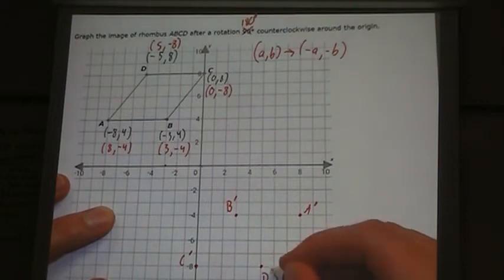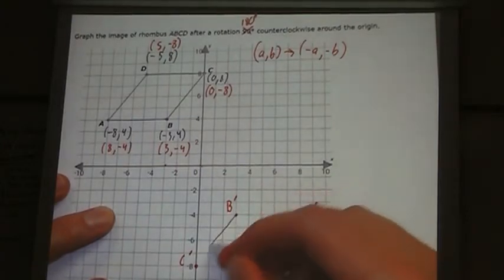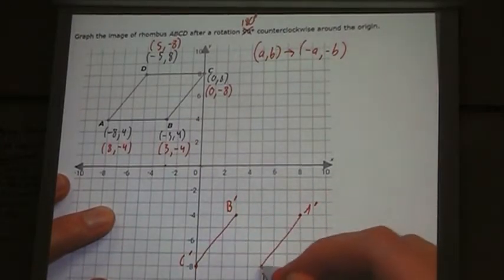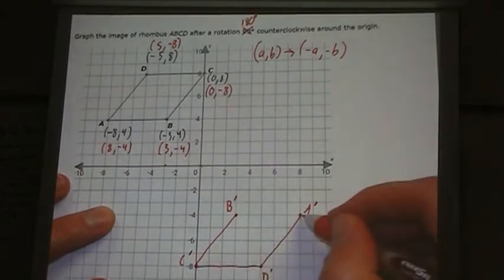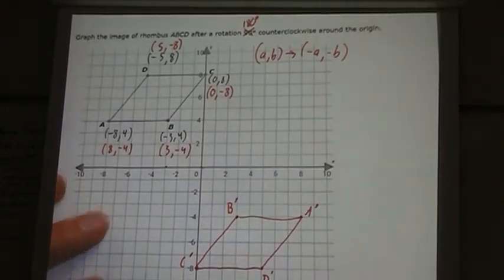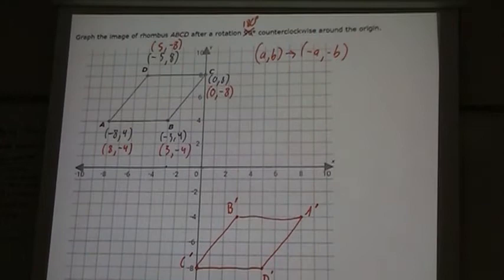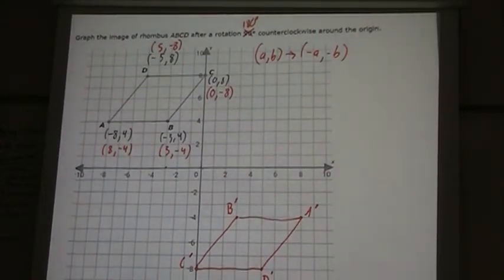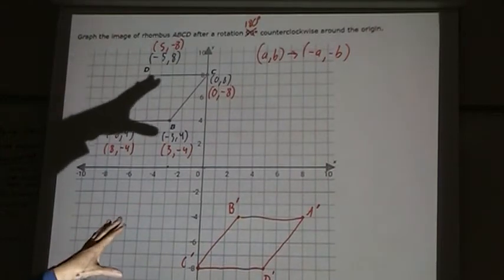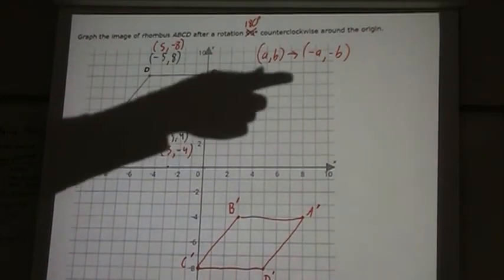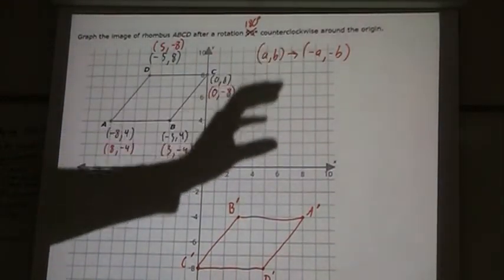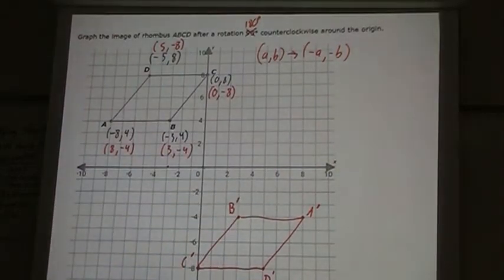There's D for dinosaur. Boom, there you go. So again, graphing for your IXL assignments is probably going to require a little bit more work because you're going to have to write down the coordinates, change the coordinates somehow, and then do your graph.